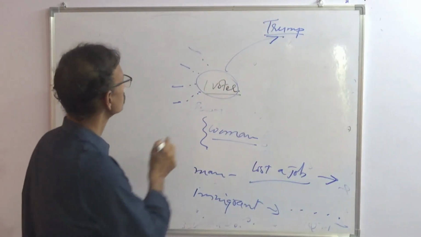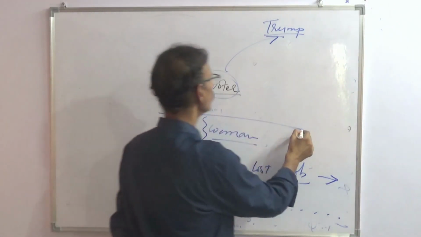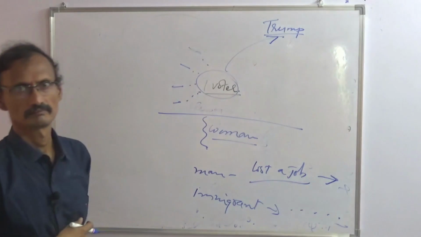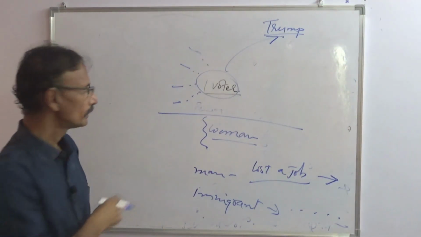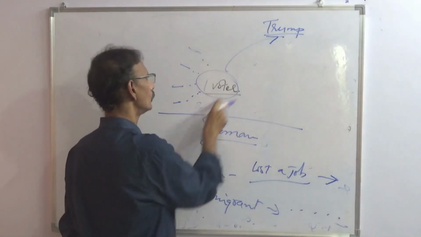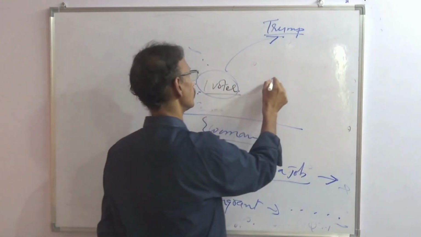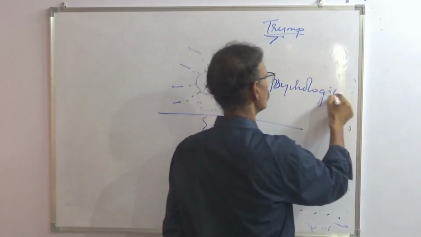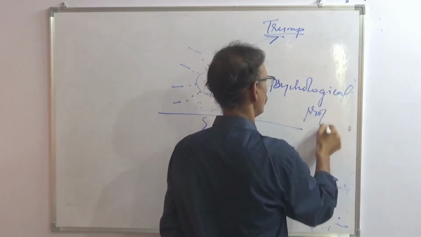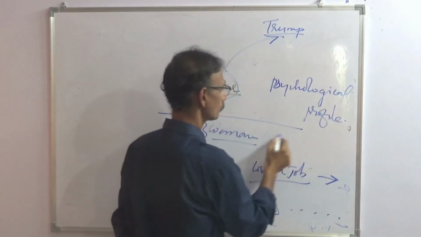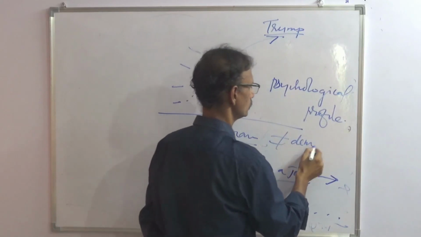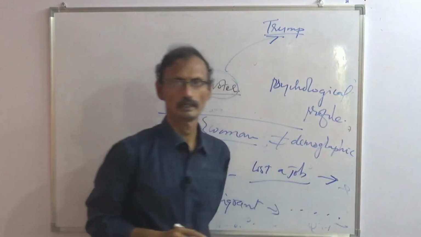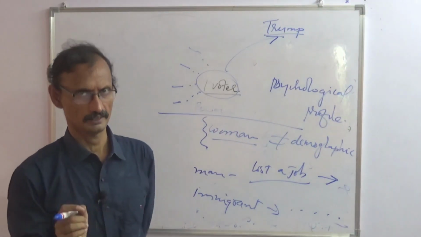So what they do is, how do you create a digital equivalent of this? The digital equivalent of this is to know the psychological profile of this voter. Psychological profile is not the same thing as demographic profile. Demographic profile is a smaller aspect.